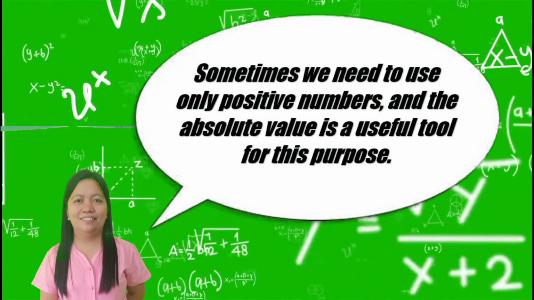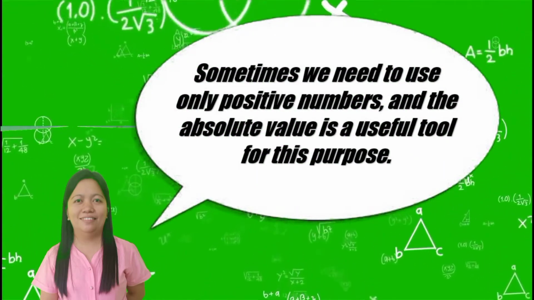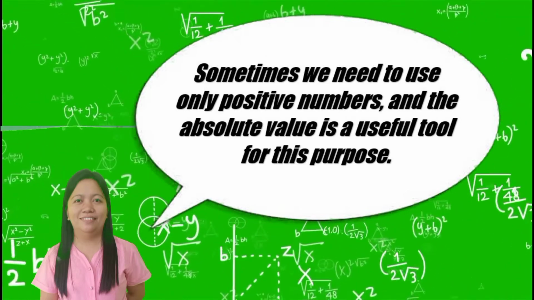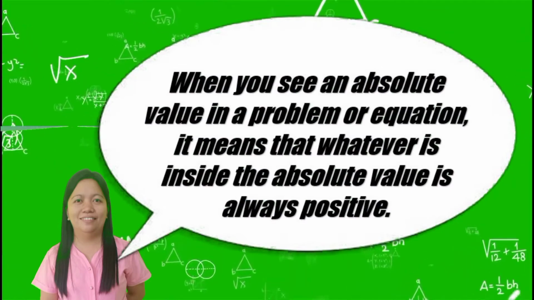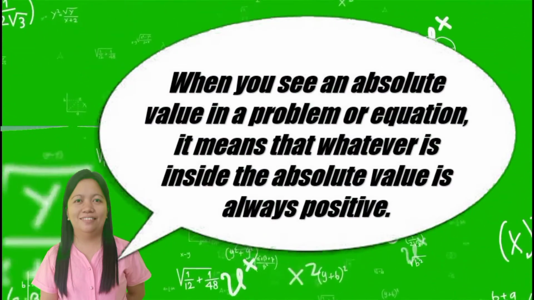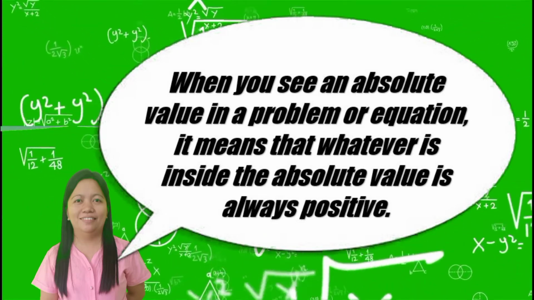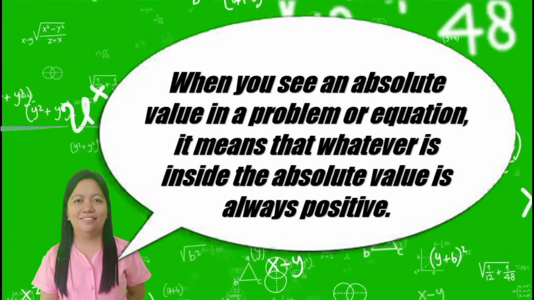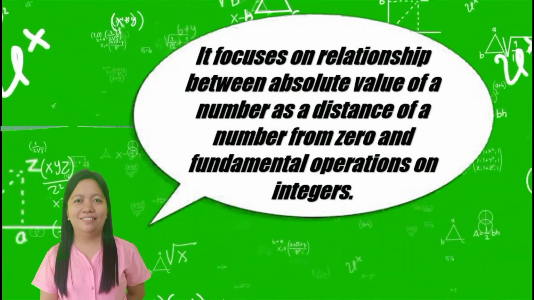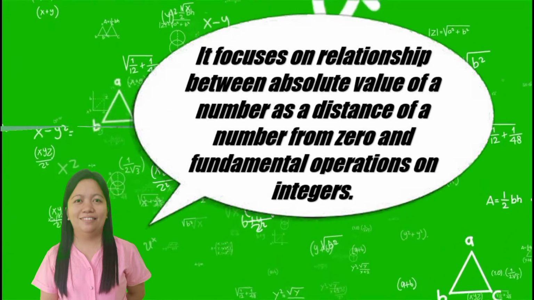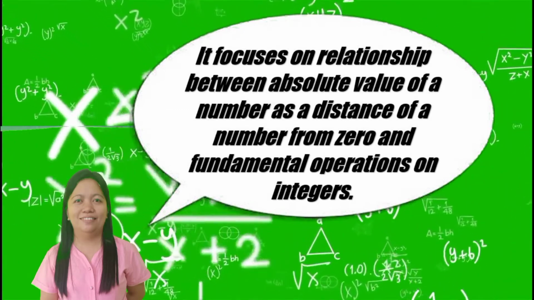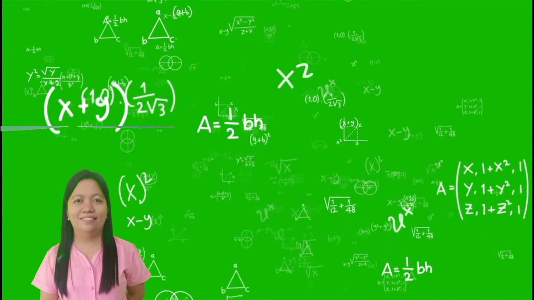Sometimes we need to use only positive numbers, and the absolute value is a useful tool for this purpose. When you see an absolute value in a problem or equation, it means that whatever is inside the absolute value is always positive. It focuses on the relationship between the absolute value of a number as a distance of a number from zero and fundamental operations on integers.